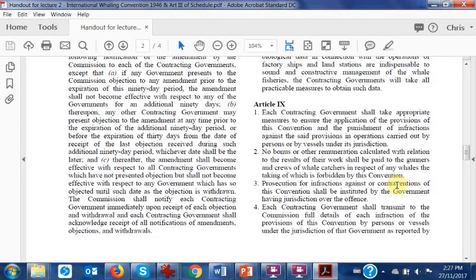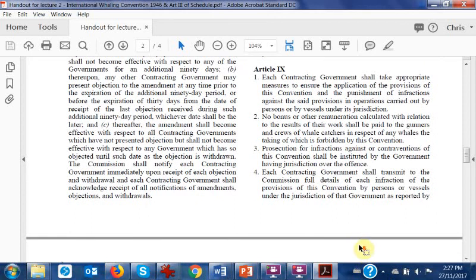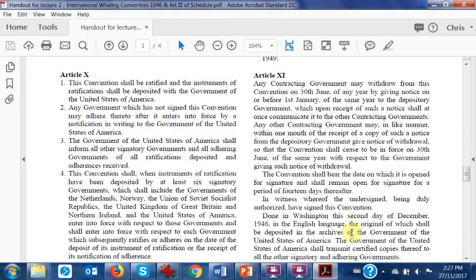They are bound by these obligations, and then it's their laws that apply to the people within their countries or vessels registered to them. So that's Article 9. Countries agree to basically impose in their own legal systems and on their own citizens and vessels compliance with the convention.